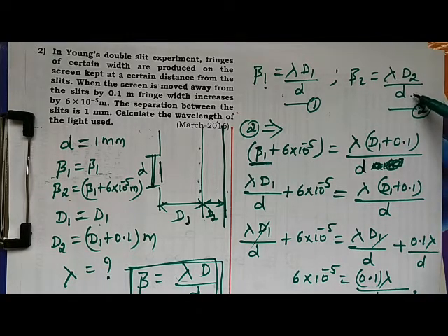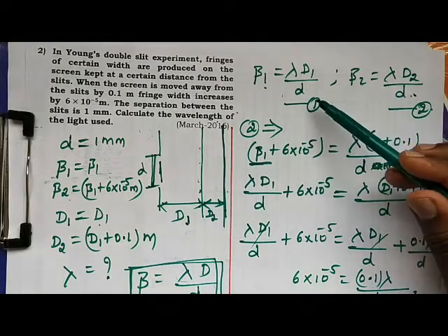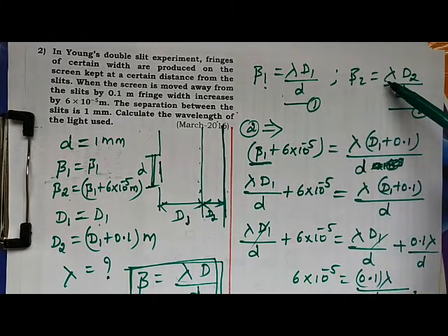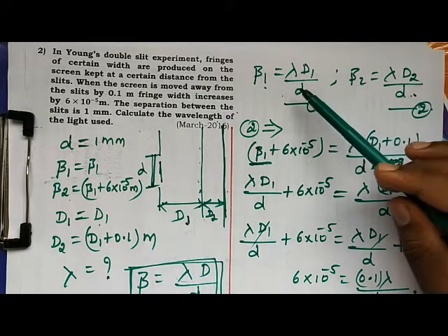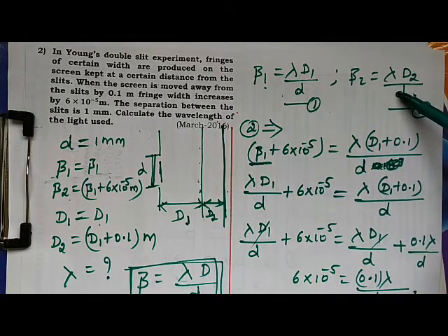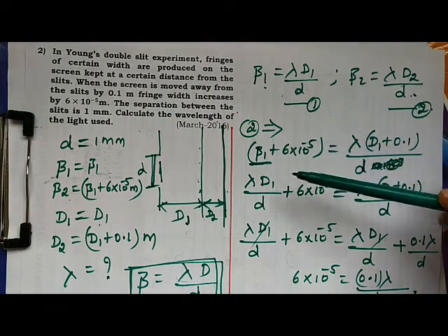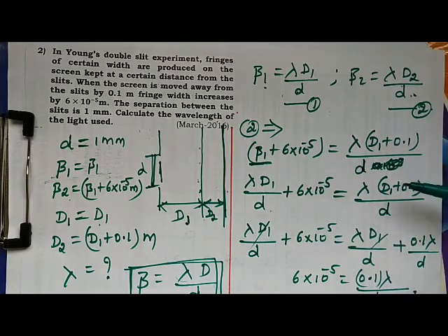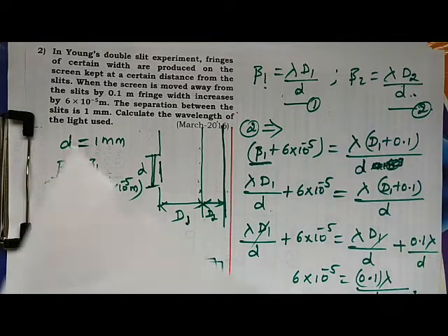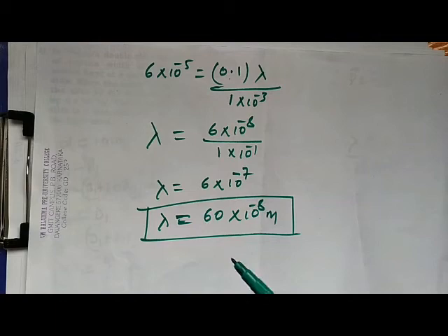In equation number 2 we have substituted equation 1, that is, we substituted the equation 1 values into 2. Because these are unknown values and these are unknown values, with two unknowns we cannot find the values. That is the reason why it becomes somewhat complicated. So we substituted beta 1 into beta 2, then we simplified and we found that the lambda value we calculated is 60 into 10 to the power of minus 8 meter.